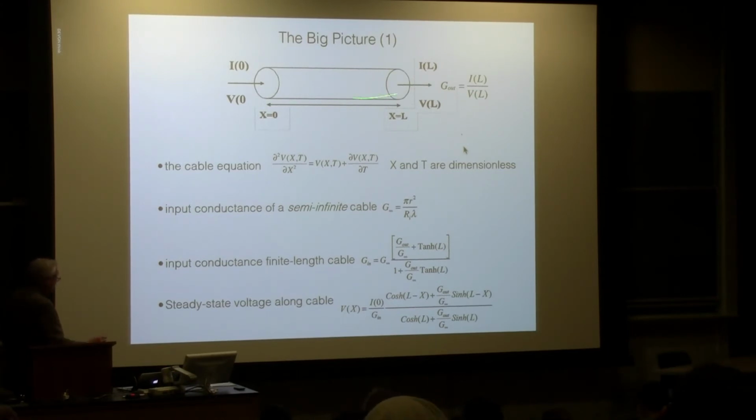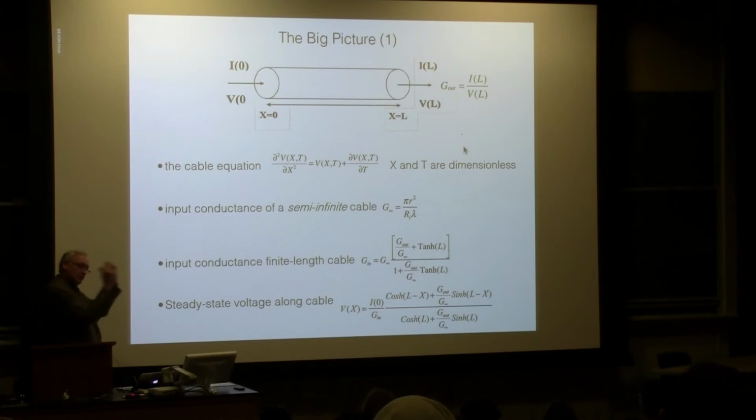We're going to talk about the input conductance of a semi-infinite version of this cable. So I set this up saying this cable has a finite length. Well, suppose L goes to infinity. This cable runs off to infinity. It's infinitely long, and I'm looking in at the start of the cable. So if I apply a current at this point, and it produces a particular voltage, their ratio gives me the input conductance at that point.